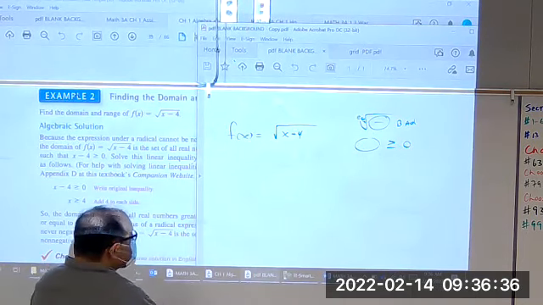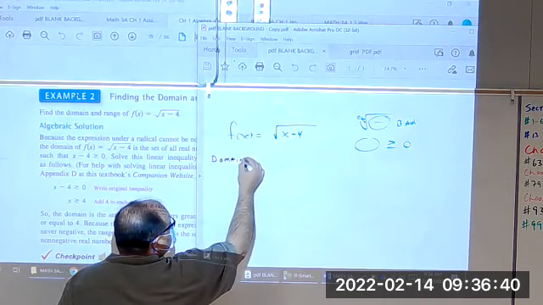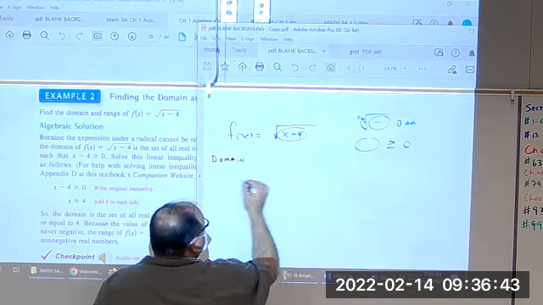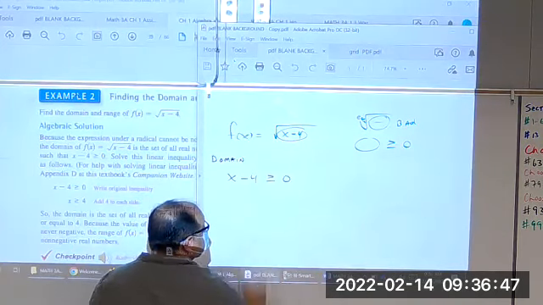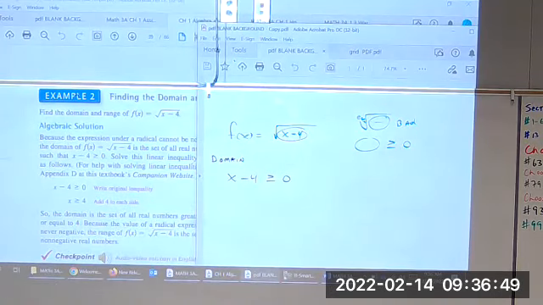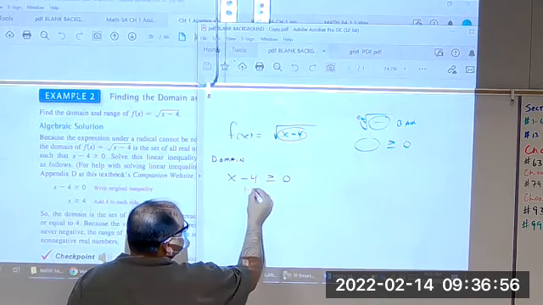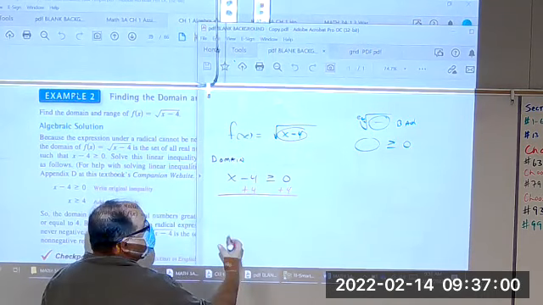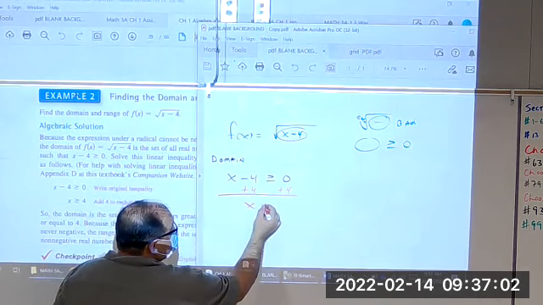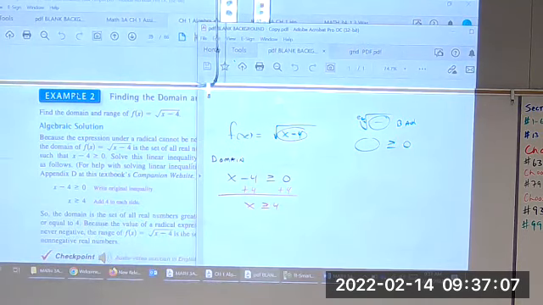So the domain: the inside, that x minus 4, has to be greater than or equal to 0. That works. So remember, when we're solving for the domain, we're solving for what x can be. X's can be everything greater than or equal to 4.